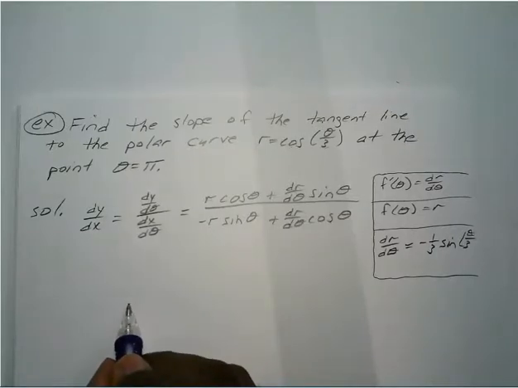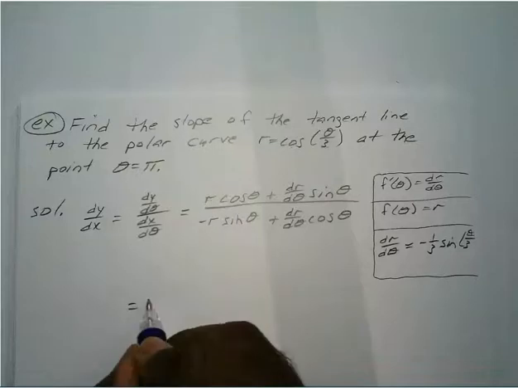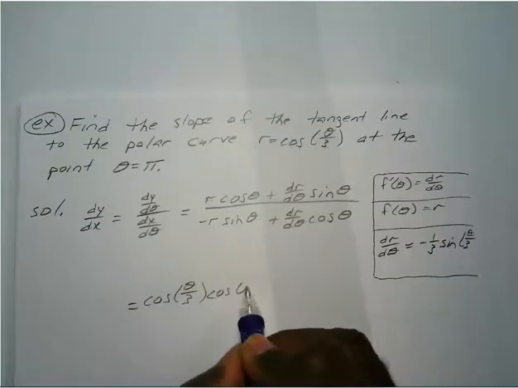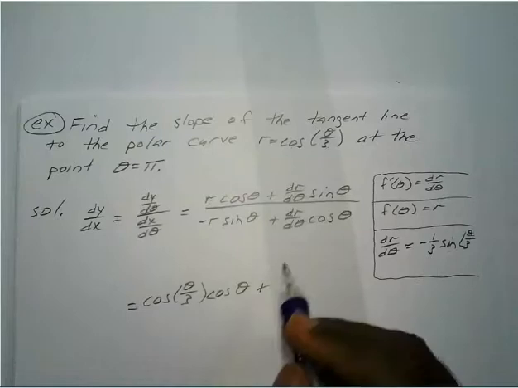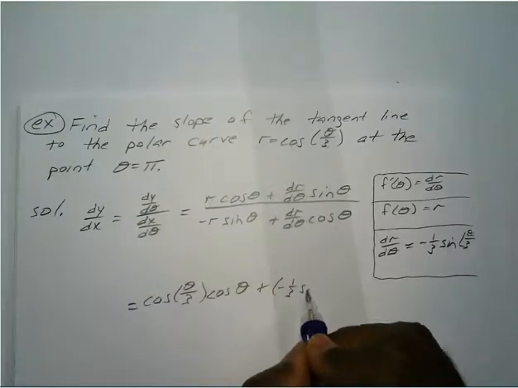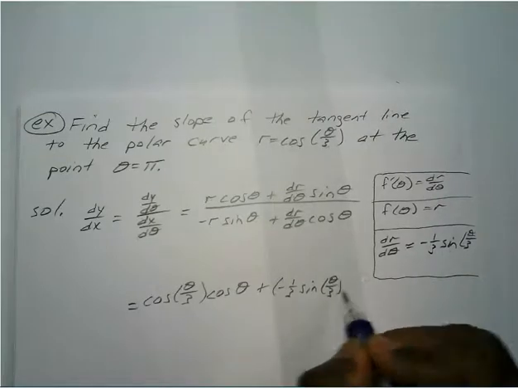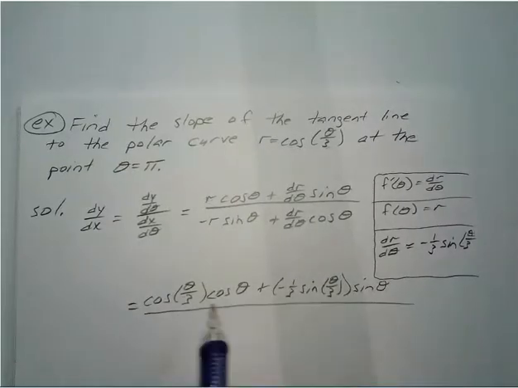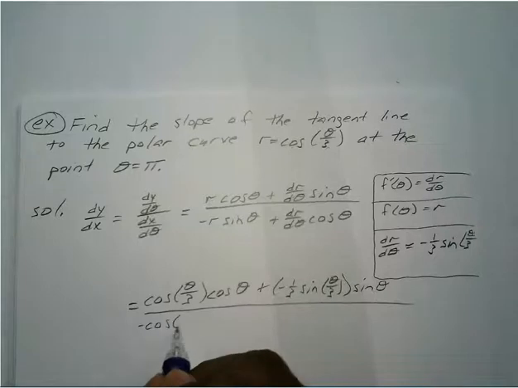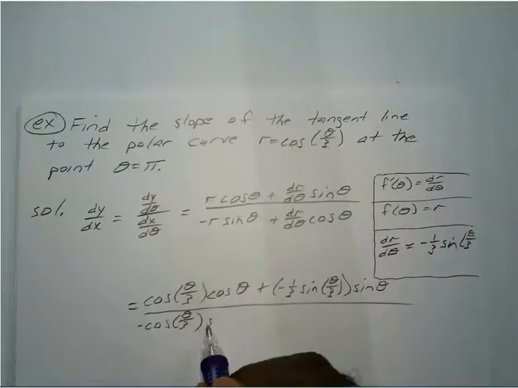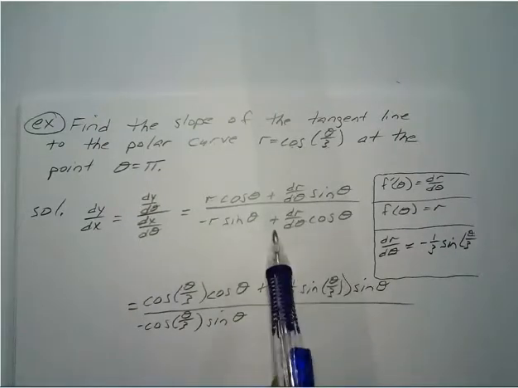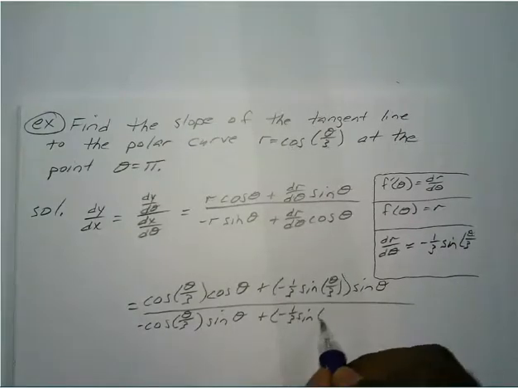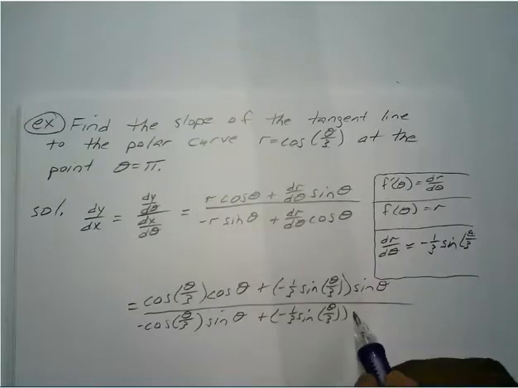So that's going to equal cosine of theta over 3 times cosine of theta plus our dr/dθ, negative 1/3 sine of theta over 3 times sine of theta, all over negative r, so that's negative cosine of theta over 3 times sine of theta, plus dr/dθ, so we have negative 1/3 sine of theta over 3 times cosine of theta.